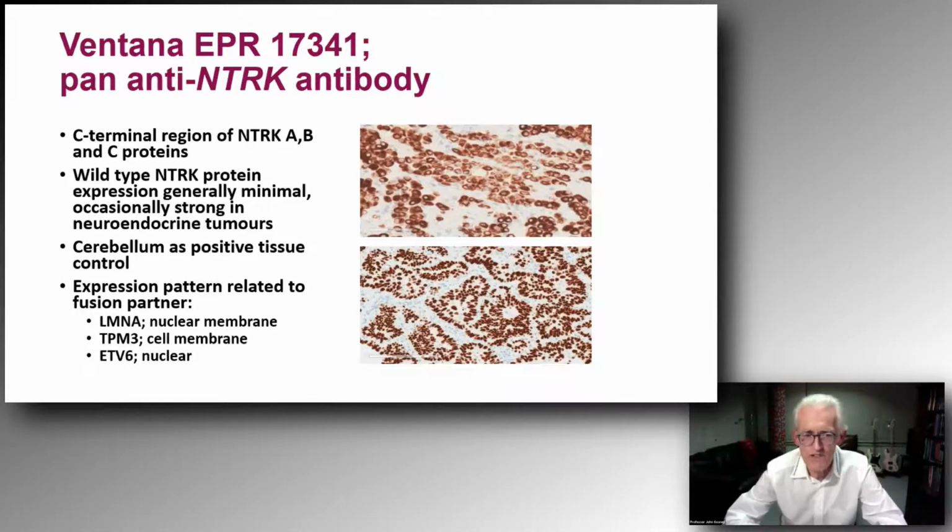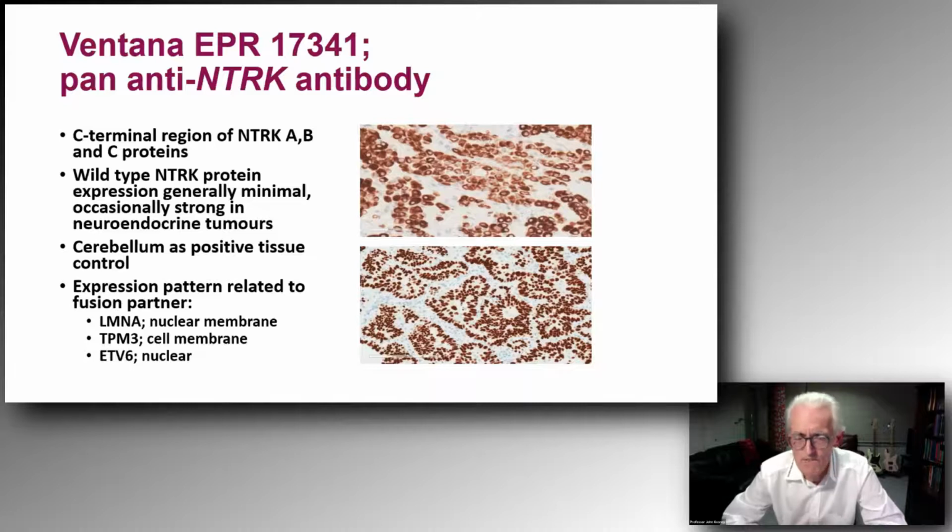And if your fusion is between an NTRK3 gene and ETV6, which is the fusion that underlies most of those rare tumors I mentioned a few minutes ago, then the expression is conspicuously nuclear. And in practice, most are a mixture of this.